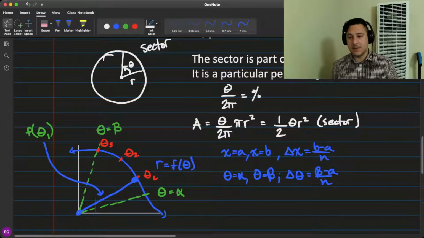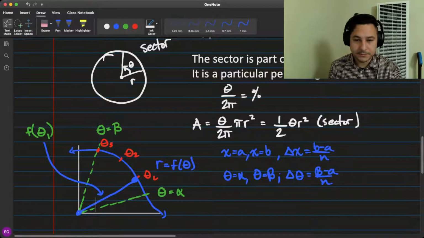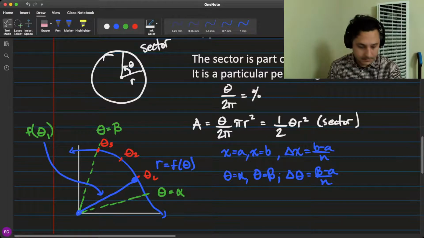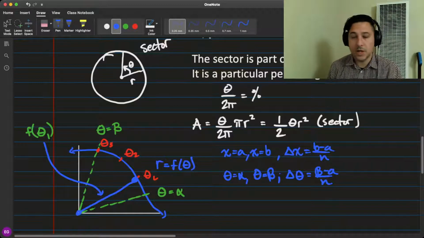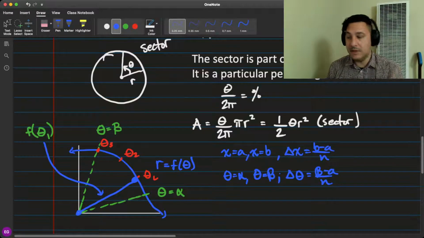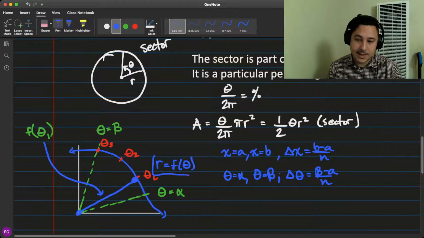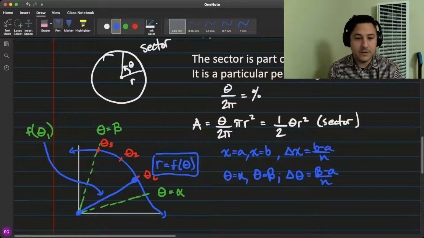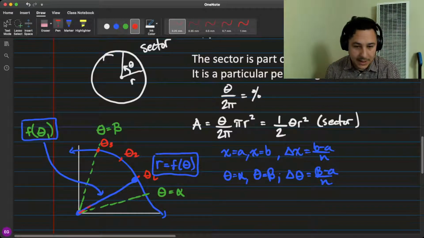That's that radius right there. So f of theta: you take an angle, you plug it into f, and it gives you a radius. That's what this tells you. So if you plug theta 1 into f, that will tell you the length of this line segment right here.